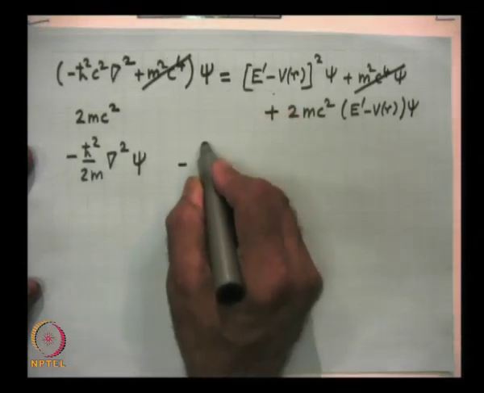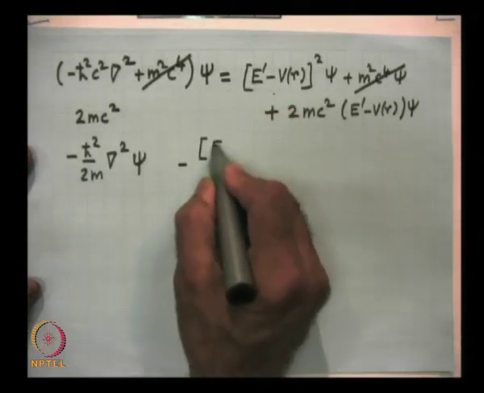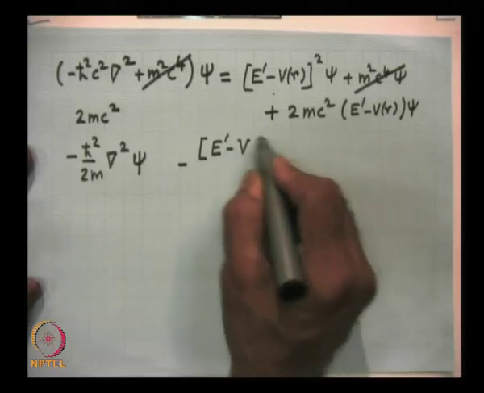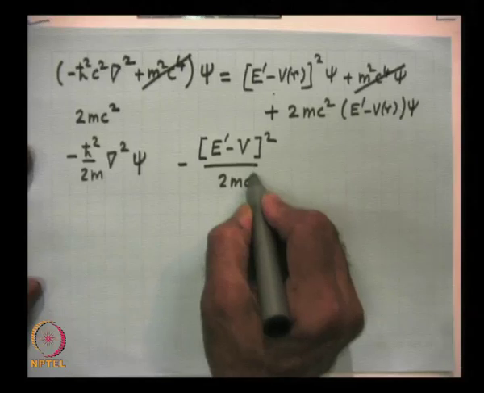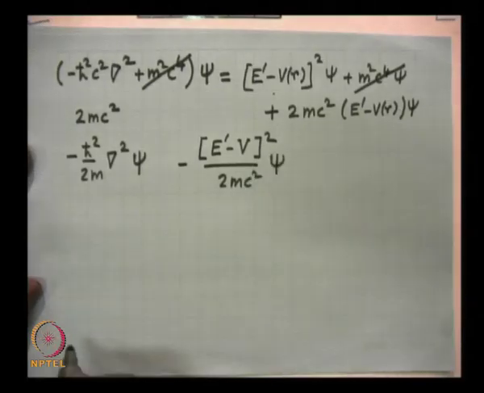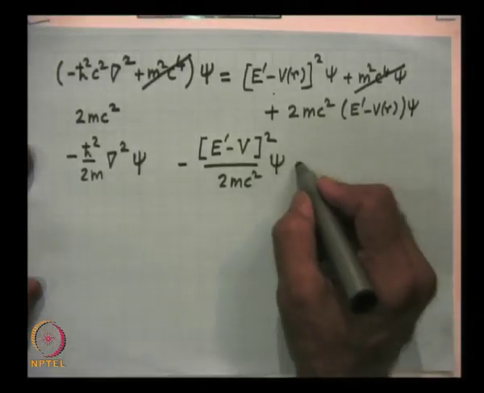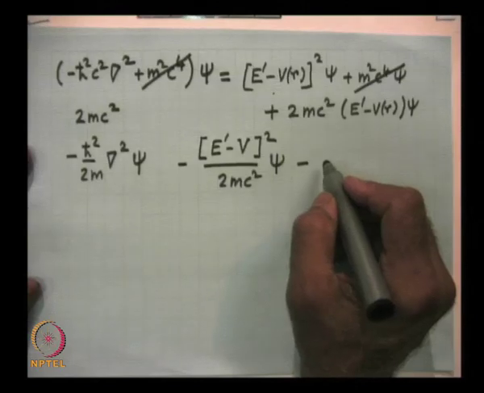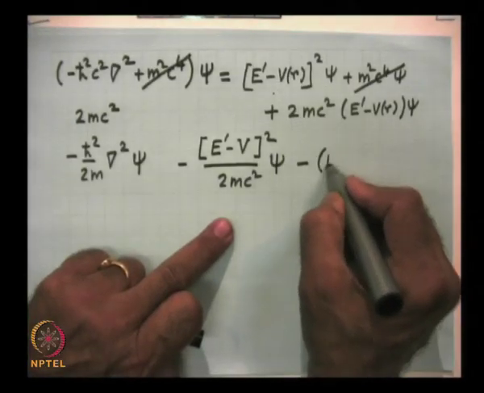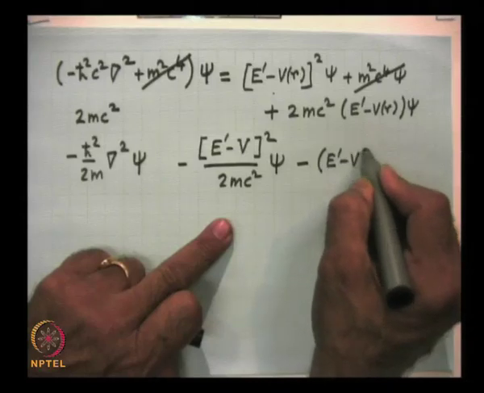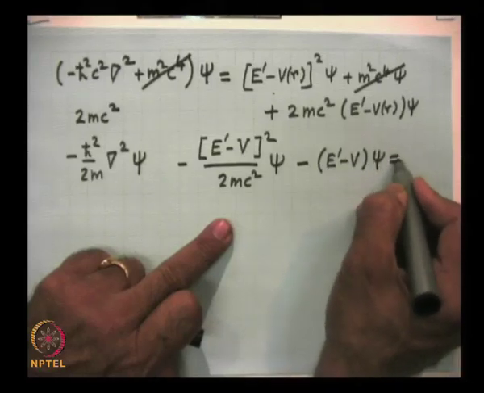So, minus E prime minus V of r whole square by 2 m c square psi, minus E prime minus V of r psi is equal to 0.